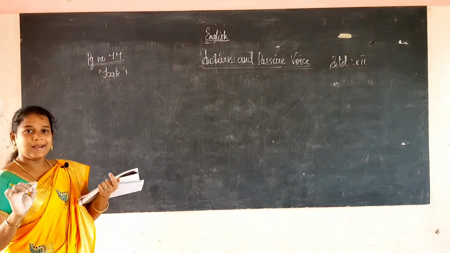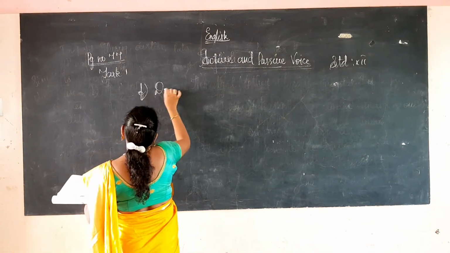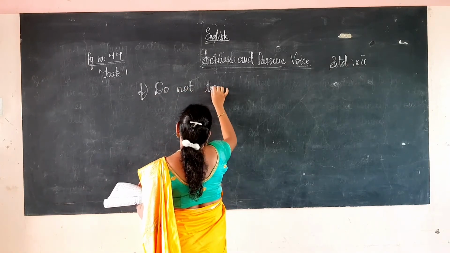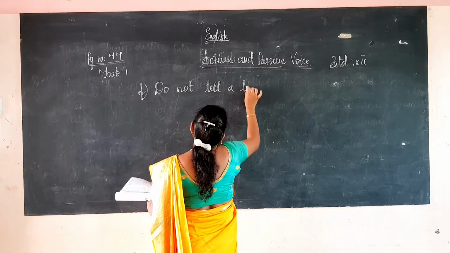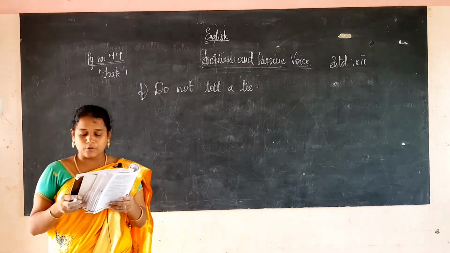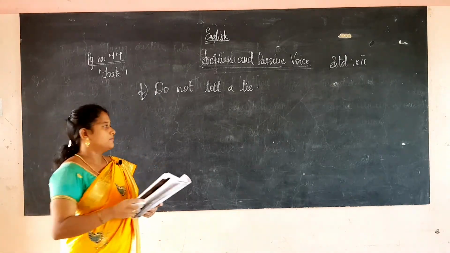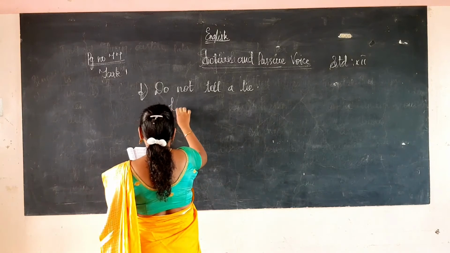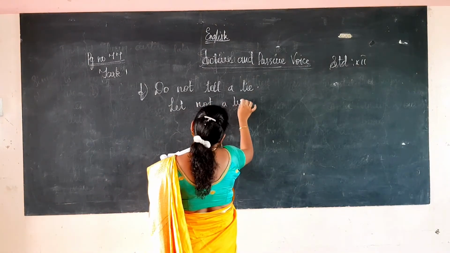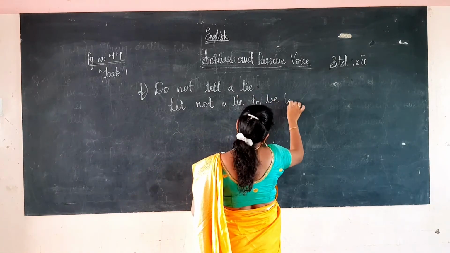Do not tell a lie. It is an imperative form. How will you change it? If it is in the form of imperative, we will use let. So, let a lie, then we have to use to be told.